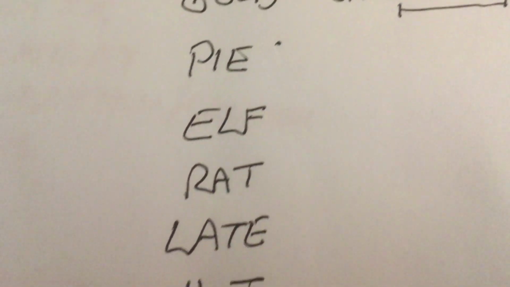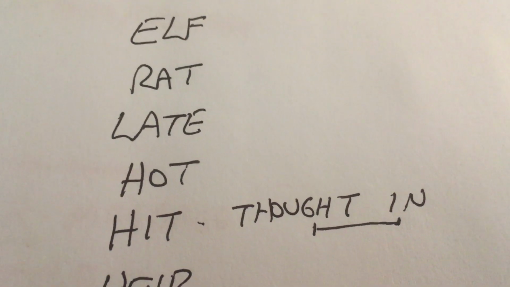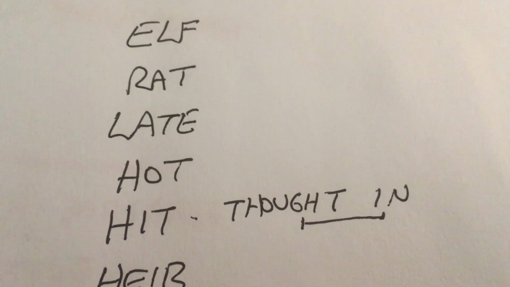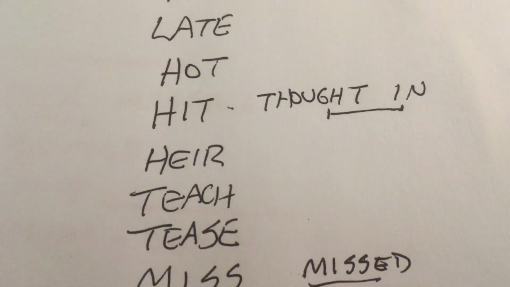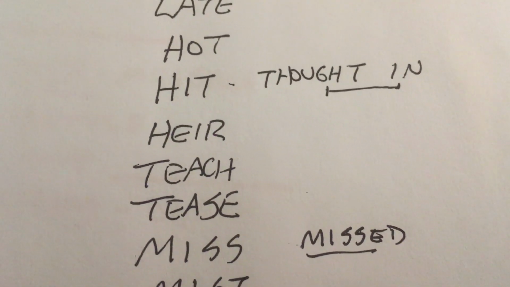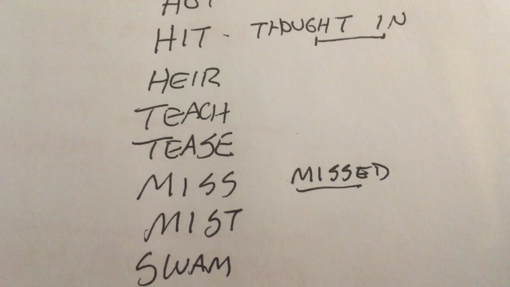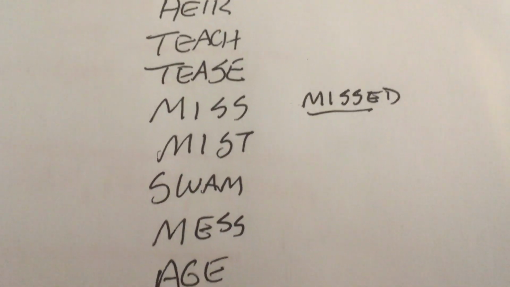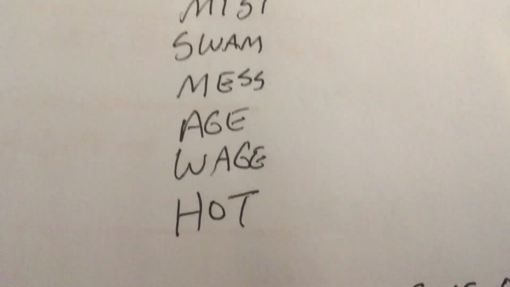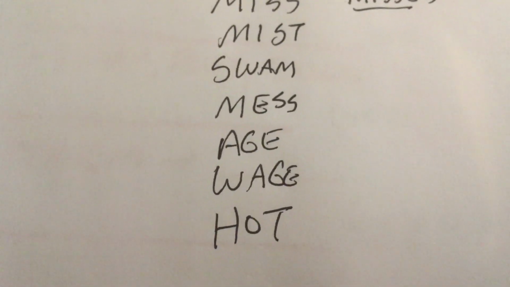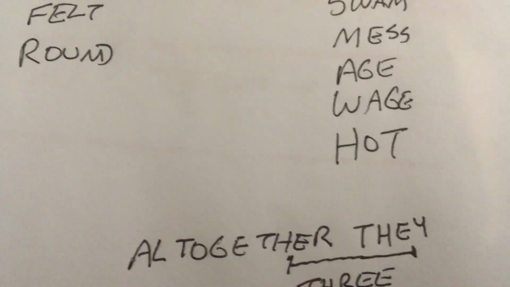Pie, elf, rat, late, hot, hit, comes from the words thought, in, see that? H-T-I, air, teach, tease, the word miss, from the word mist, that's simple, M-I-S-T, going backwards, swam, mess, age, wage, another word, hot. So you have your list of words that'll help you get started with the clues.